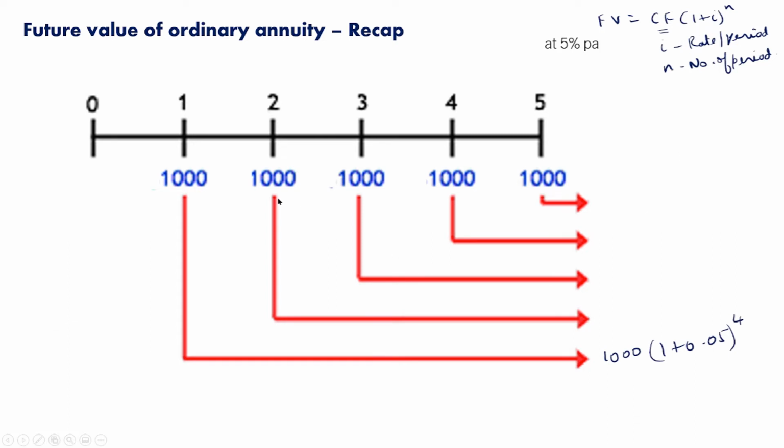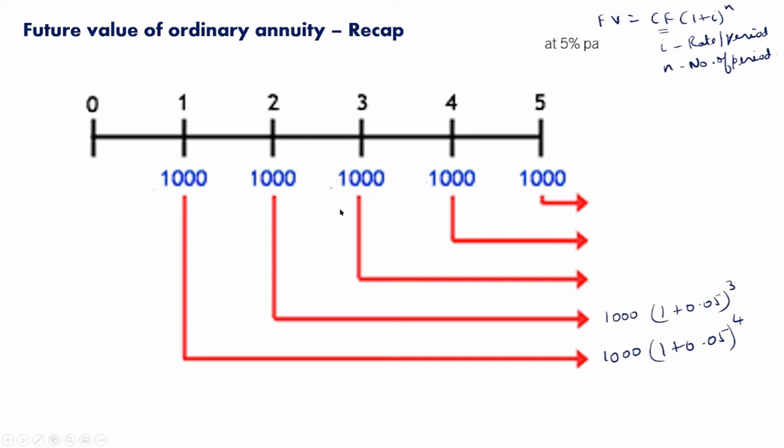The future value after 5 years of the 1000 deposited at the end of the second year will be 1000 into (1 plus 0.05) the whole cube.